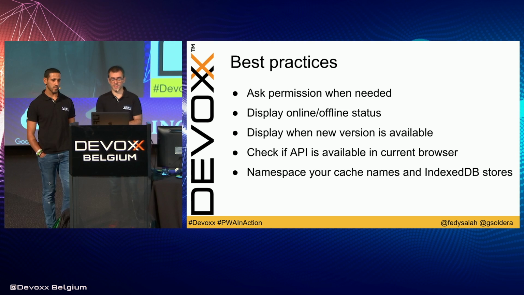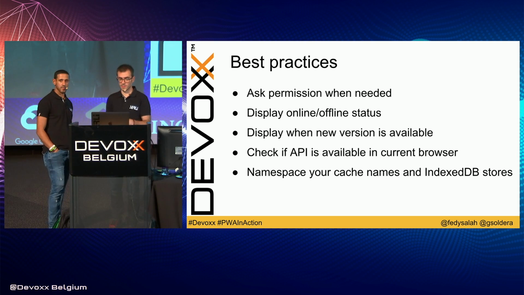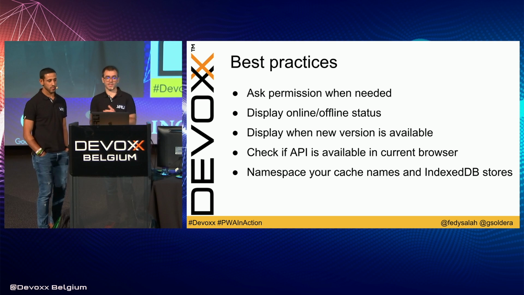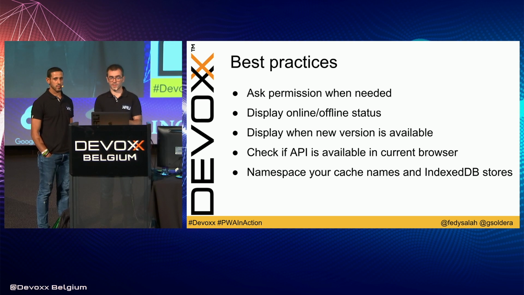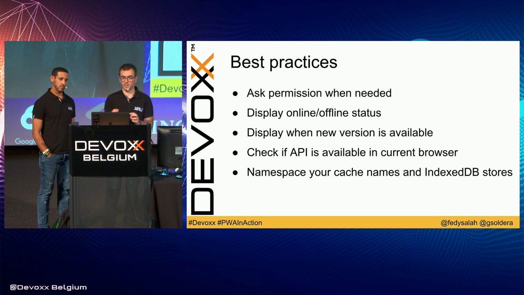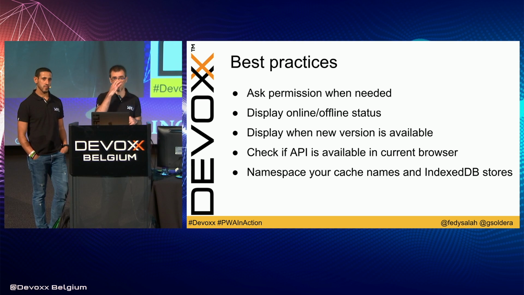In terms of best practice, we have already said something. First, ask permission when needed. It's painful when you come into a website and it asks permission for geolocation, for notification, for everything. Nobody likes this, so ask only when it's needed. Second, display an online/offline status bar to inform your user. With it, they can understand why they can't have some features available.